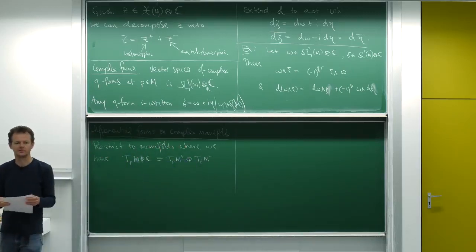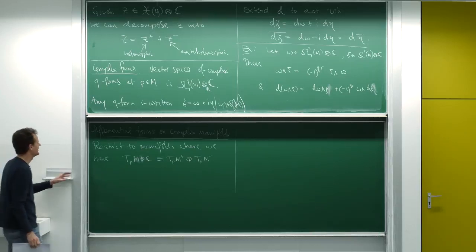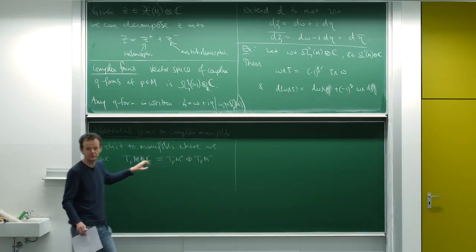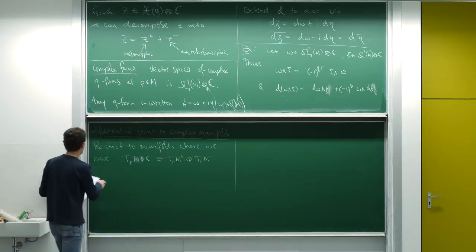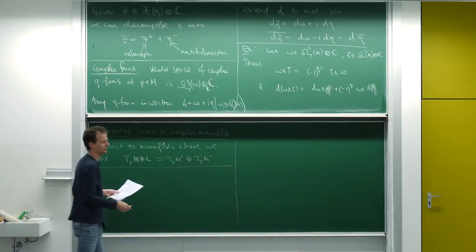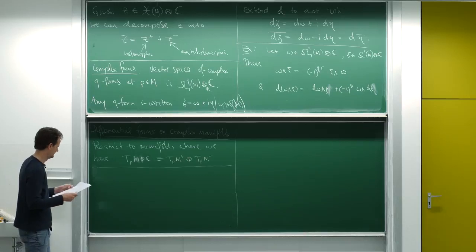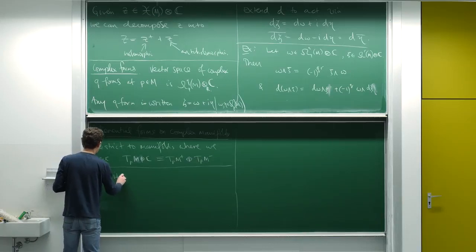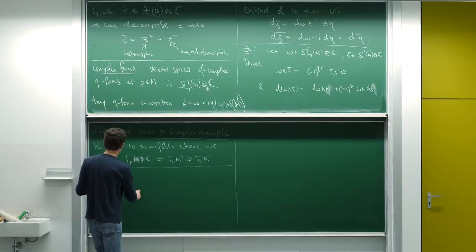So we're going to restrict to manifolds where we've given ourselves this decomposition of the complex tangent space into holomorphic and anti-holomorphic parts, where we have this defined almost complex structure J. And we'll have now a rather lengthy definition.